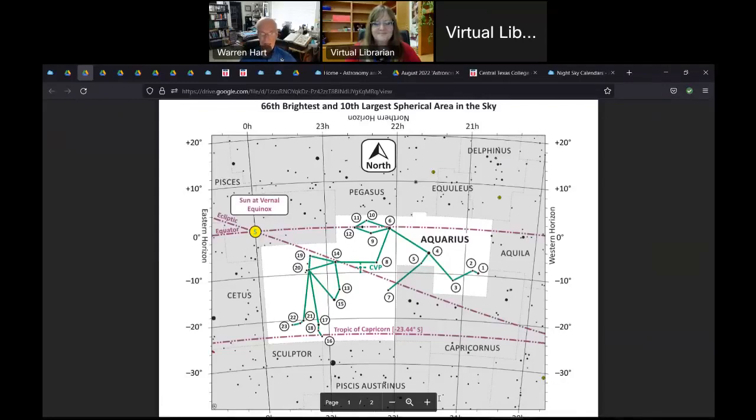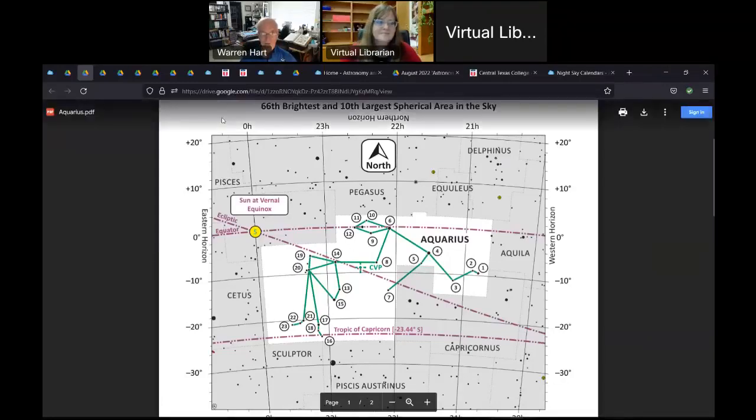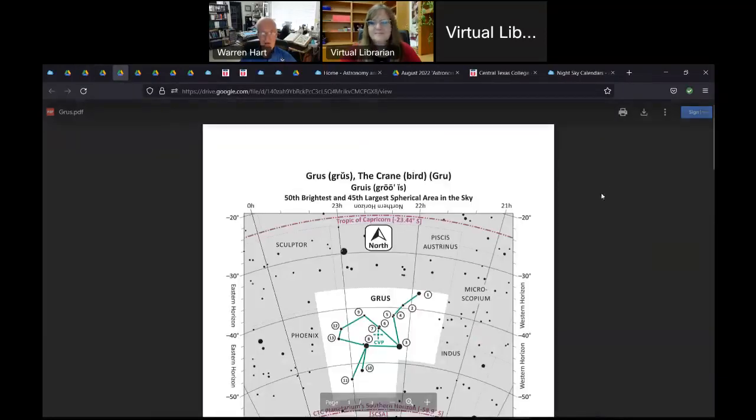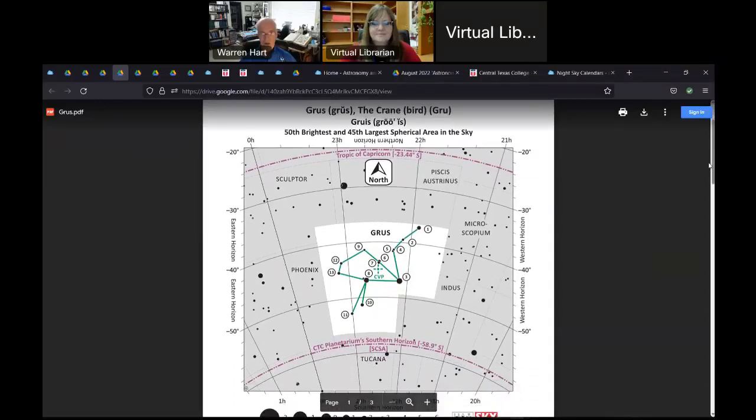Let's go back and get the second of the three. The second of the three is going to be Grus. And I have on it the crane that's there, and it's a type of bird.